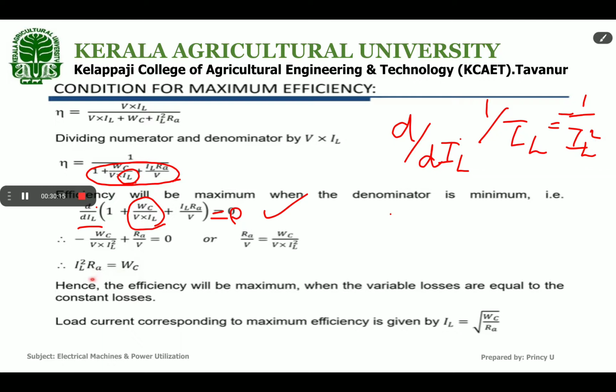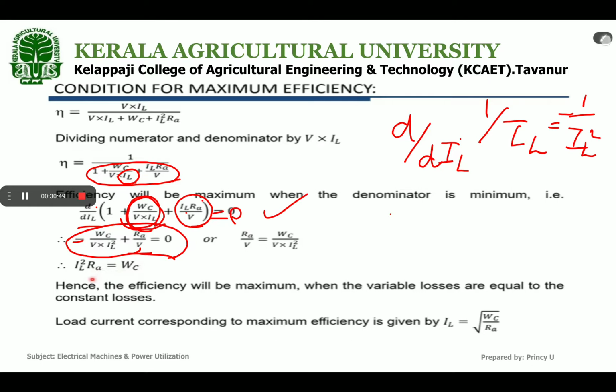Since WC by V is constant, this term gives minus WC by V into IL square. Now differentiate the term IL RA by V: d by dIL of IL is 1, so the constant RA by V is the result. So we can write the equation as minus WC by V IL square plus RA by V equal to 0.